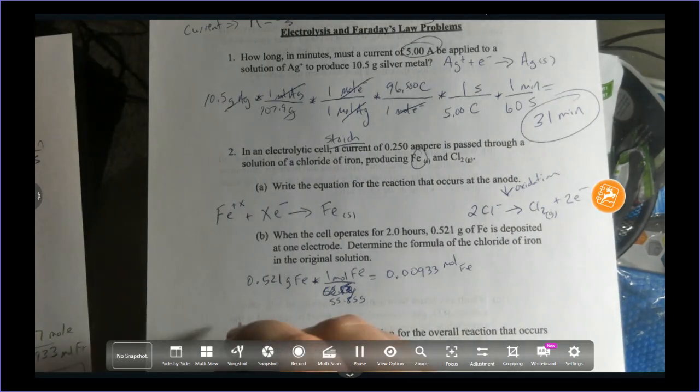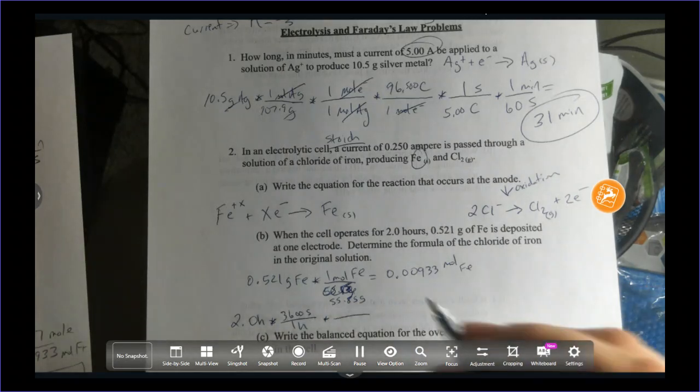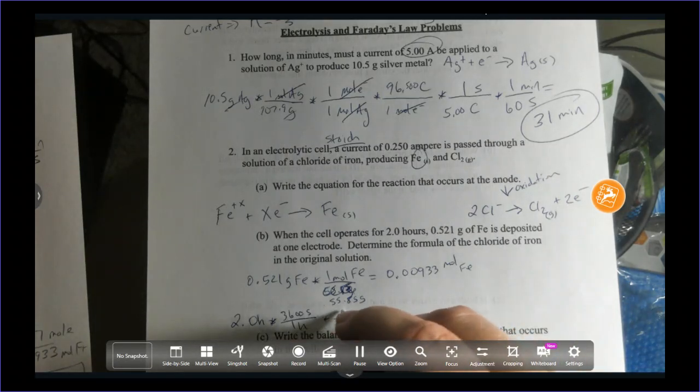Now let's go and start on the time end and go backwards. So we're going to take 2 hours, and I want to convert that into seconds because that's what amperage is in. So that's hours to seconds. Now I'm going to use my amperage, 0.25 coulombs per second.